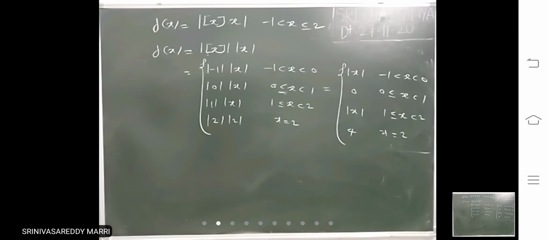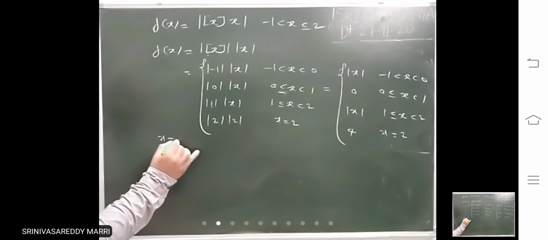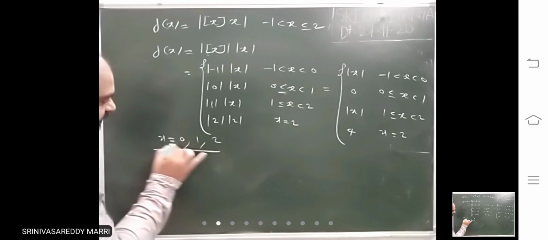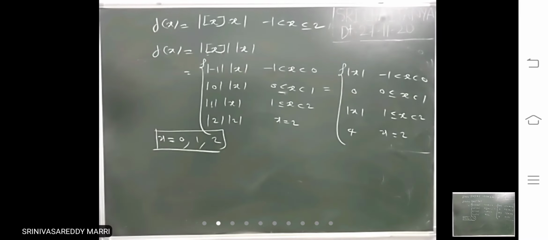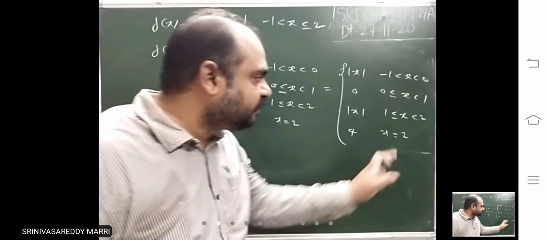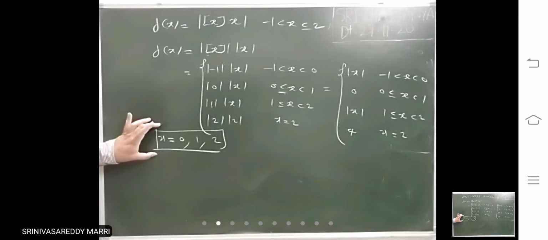Where you need to check is where it is changing the rules: 0, 1, 2. Function changes rule at 0, at 1, at 2. That means at these points we will check.